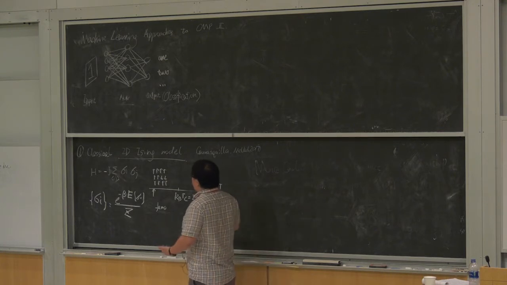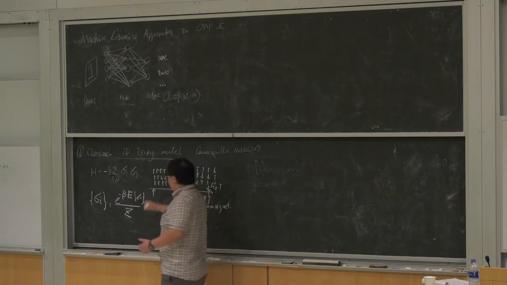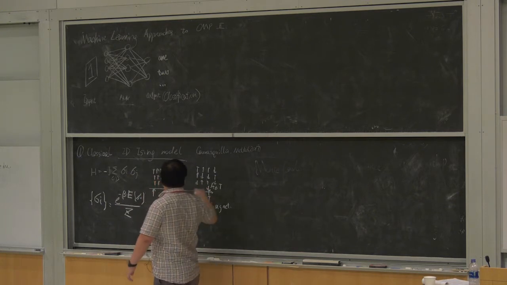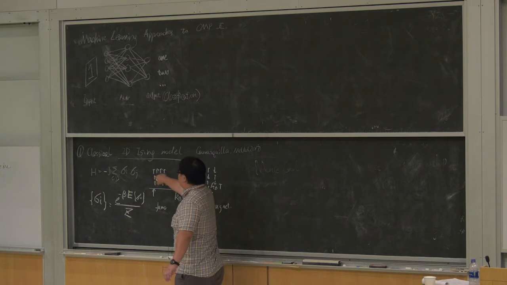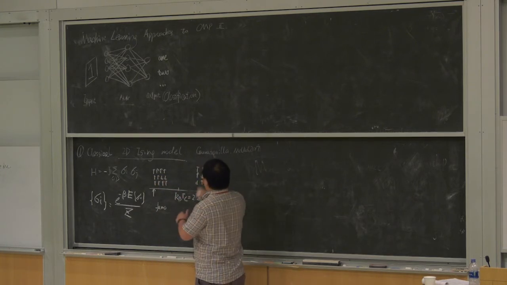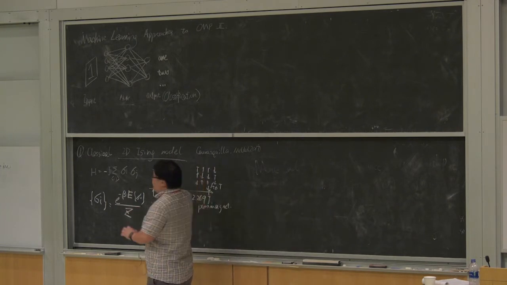And what Roger Melko and Juan did is that they take the Monte Carlo samples of the Hamiltonian with k_B T, the temperature, at the very high limit and very low limit. They take these snapshots of Monte Carlo samples, like for example some of these and some of the more disordered, spread-out spin configurations. And they directly use these spin configurations.